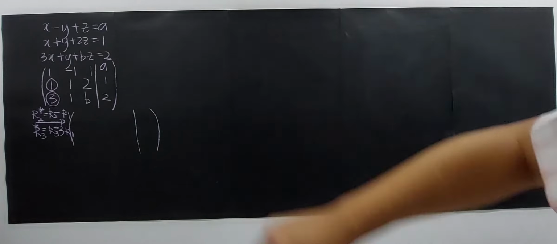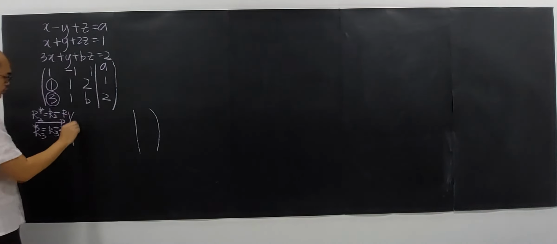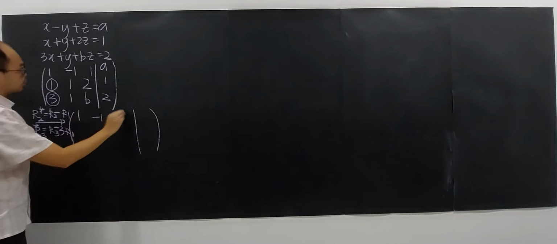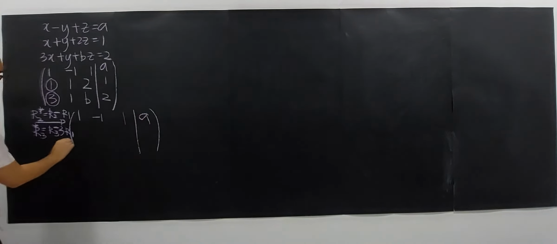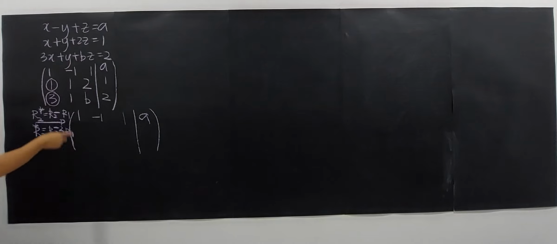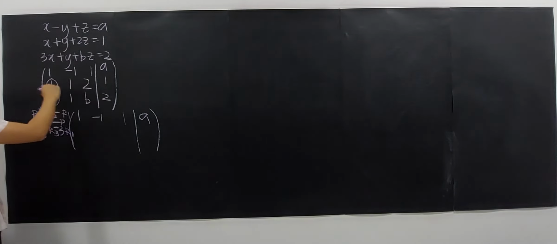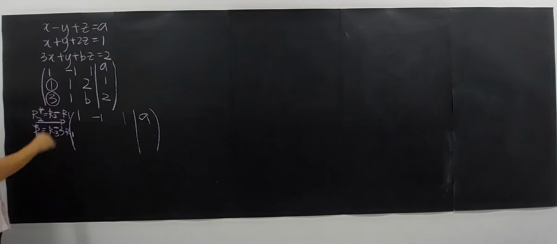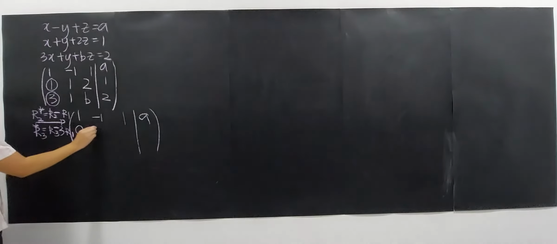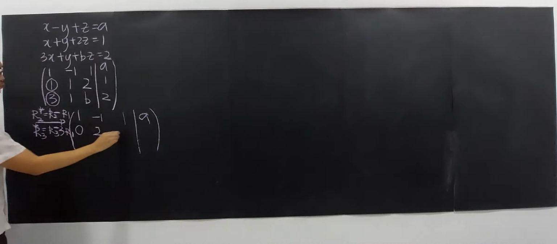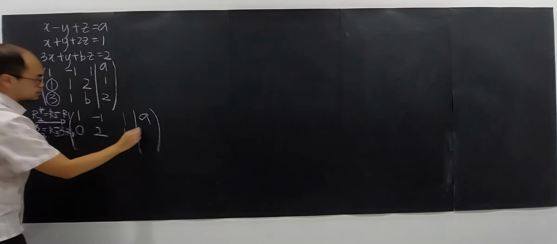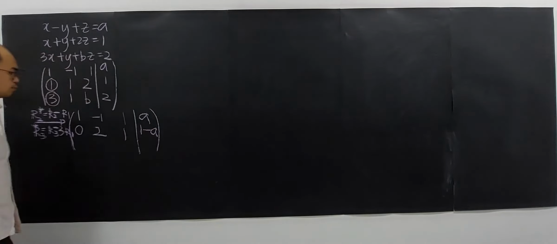The first row remains unchanged: 1, negative 1, 1, a. For row 2, all the elements from the second row minus the corresponding elements from the first row. So 1 minus 1, you have 0. 1 minus negative 1, you have 2. 2 minus 1, you have 1. 1 minus a here.